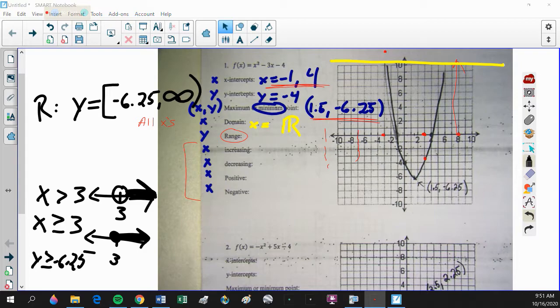What is the difference between this notation and this notation, other than the bracket? So one is an x comma y, which is a point on the graph. The other one says every y value from negative 6.25 up.